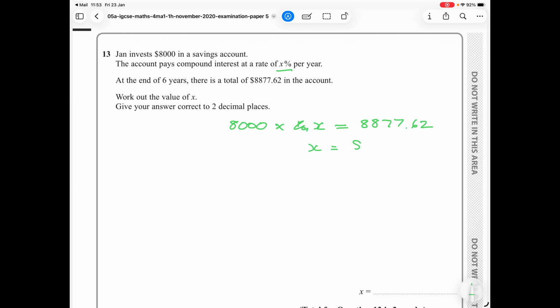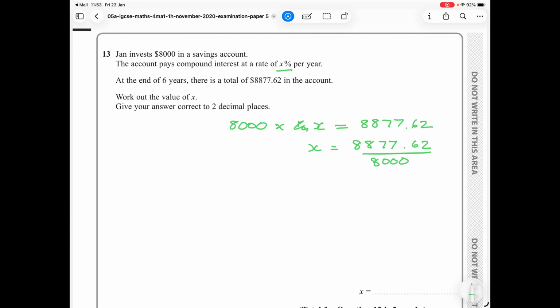Now X is not going to tell us the times something to the power 6, but we're going to work on that in a minute. It's going to tell us something, but not what we need to know overall. So what is 8,877.62 divided by 8,000?